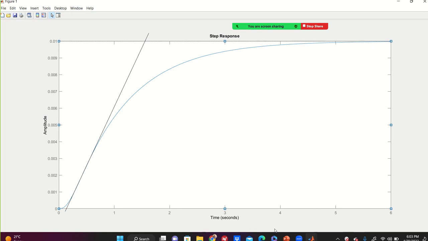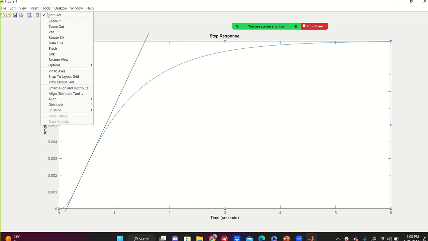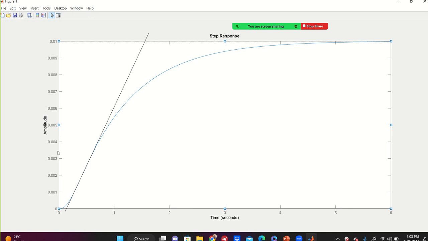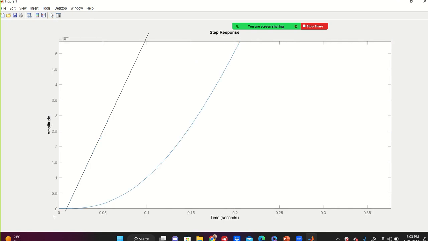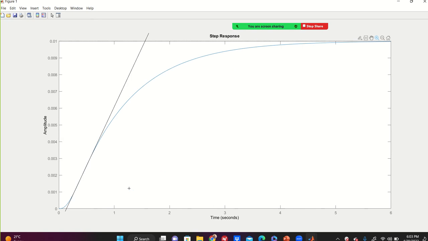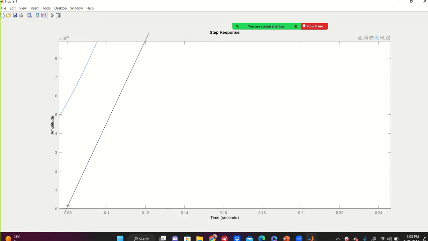Yeah, here is the L delay, and here is T. That's right. See everyone? Here's T. So let me zoom in and find L and T. So your L is almost 0.08.